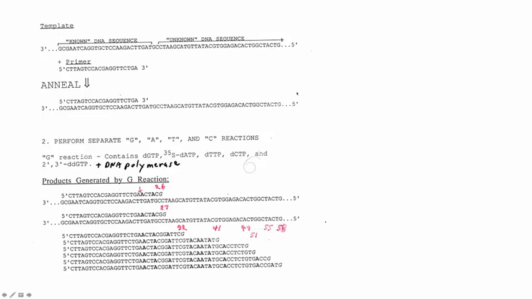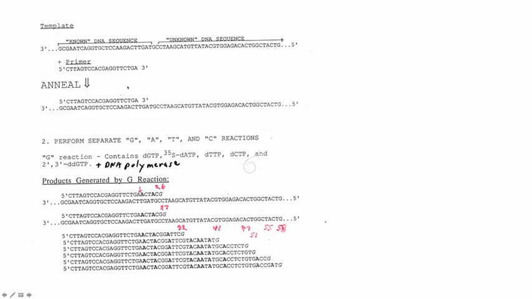Remember, if your template strand is 5' to 3' in this direction, then your primer is going to bind 5' to 3' in the opposite anti-parallel direction. And you will anneal that primer to that known sequence on your DNA right next to the unknown DNA sequence that you want to know the sequence of.